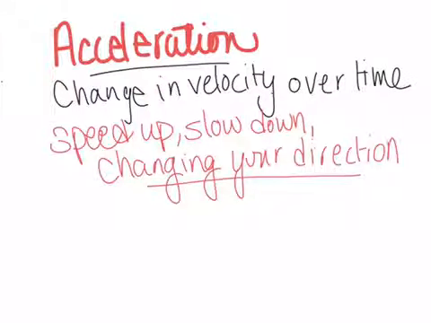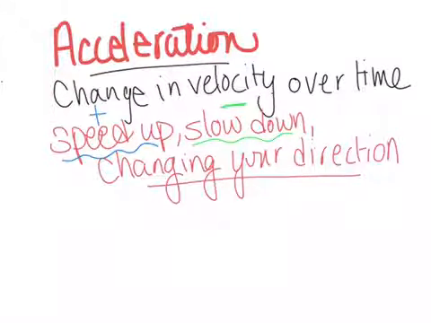Acceleration can be a positive number or a negative number, and that positive or negative is going to tell you the way the acceleration is changing. If you speed up, that is going to be a positive change in acceleration. If you are slowing down, it's still acceleration, but we're just going to use a negative number.